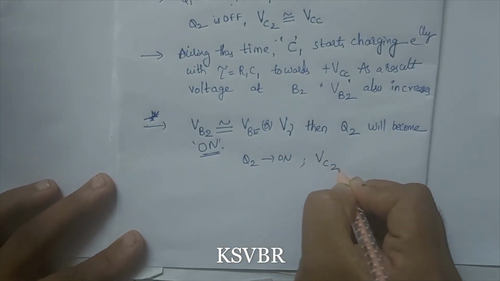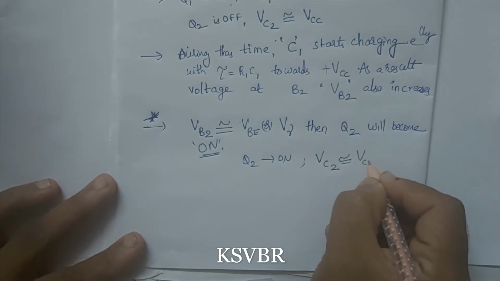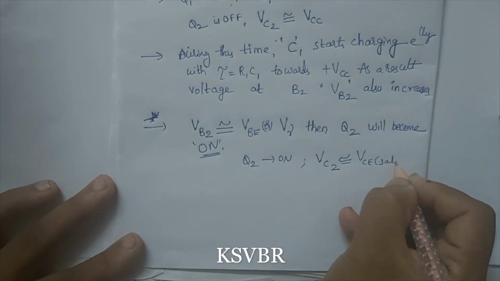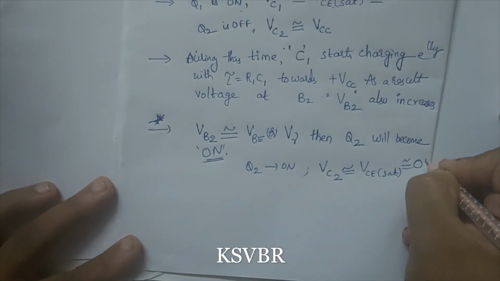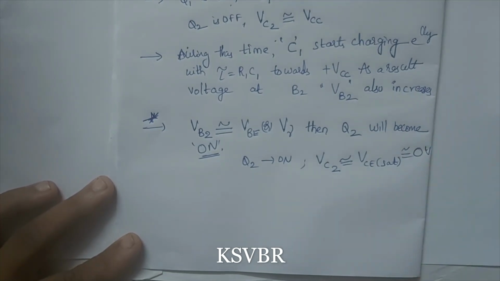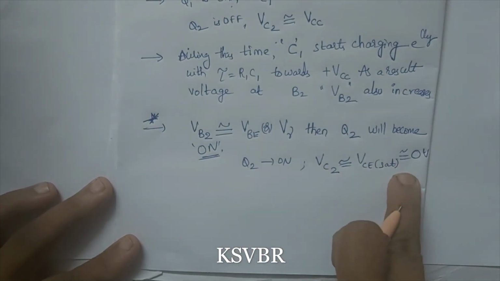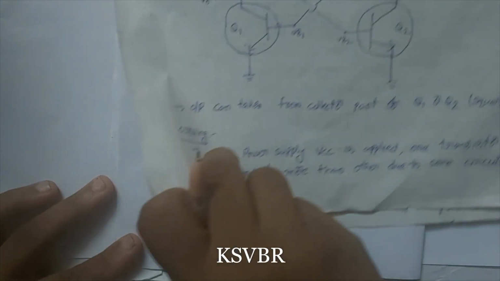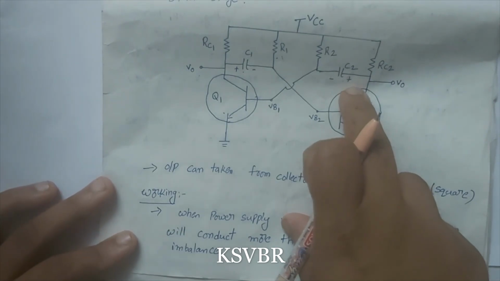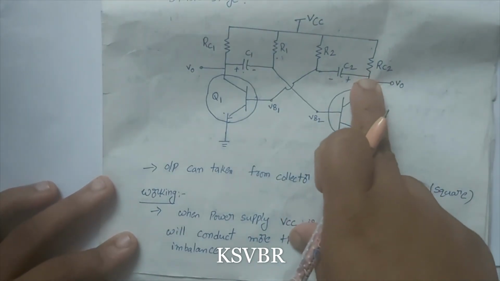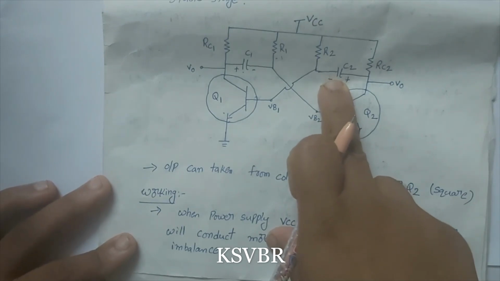What about VC2? VC2 will be approximately equal to VCE saturation, which is approximately 0 volts. Because of Q2 on, VC2 is 0. This VC2 is connected to VB1 via this capacitor C2.